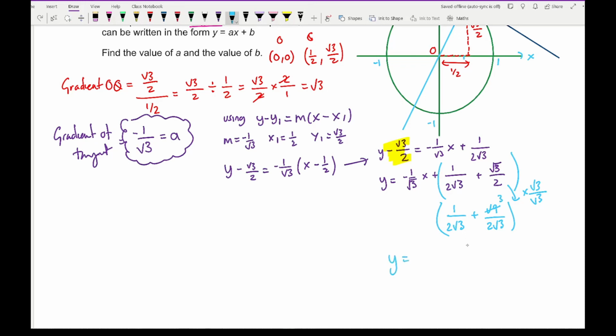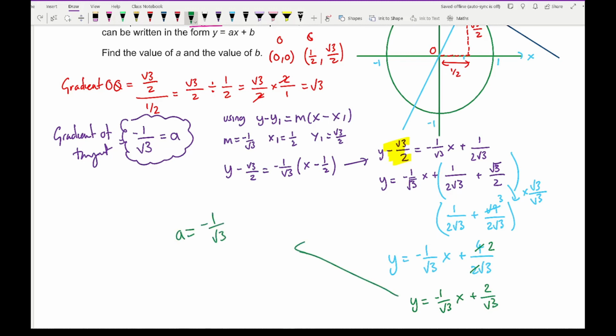So y equals minus 1 over root 3 x plus 4 over 2 root 3, and the 4 and the 2 cancel out. So I'm left with y equals minus 1 over root 3 x plus 2 over root 3, which therefore means that a equals minus 1 over root 3 and b equals 2 over root 3.